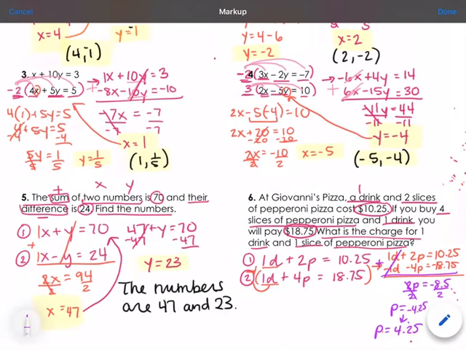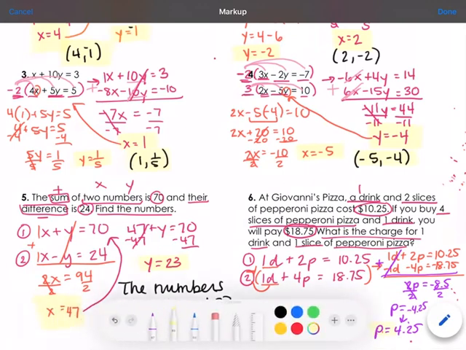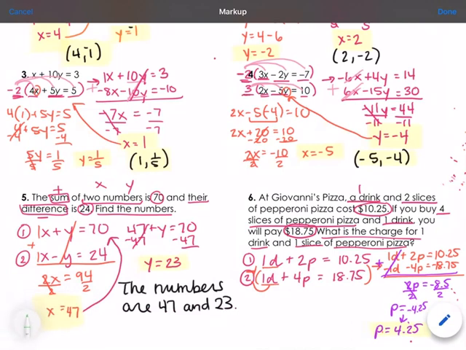Okay, so now that I have p, I can go ahead and plug that into one of the original equations, and I can solve for the cost per drink. I'll just go ahead and plug it into this one right here. So 1d plus 4 times 4.25 equals 18.75.